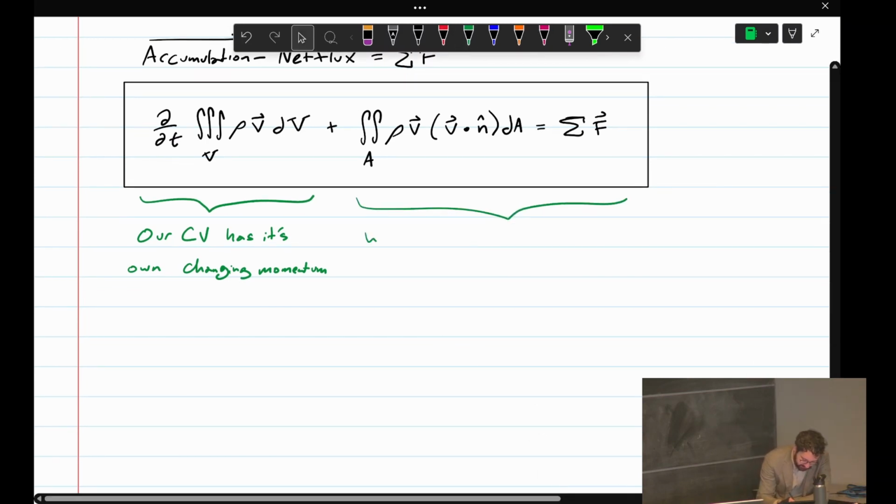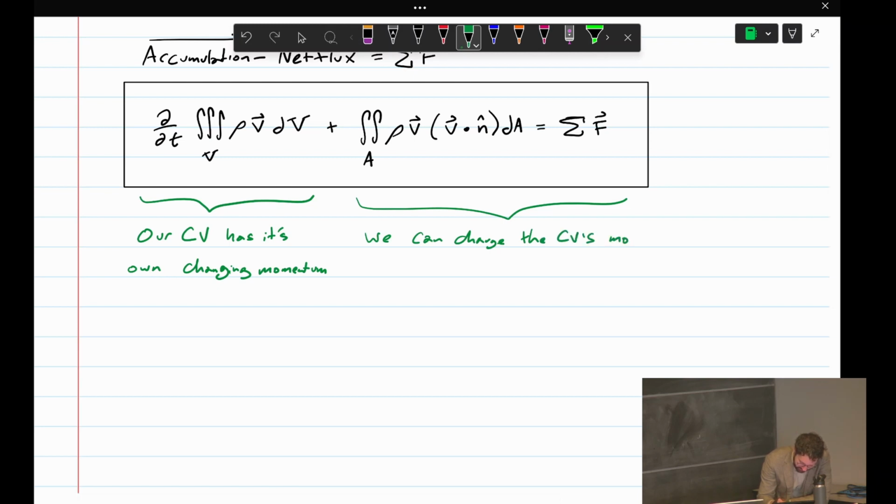And so we can change the control volume's momentum by flowing things in or out of it, and applying forces to it.